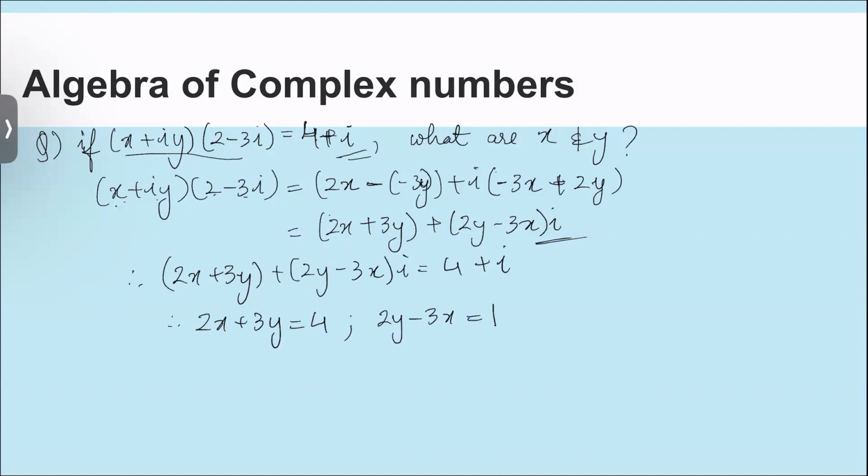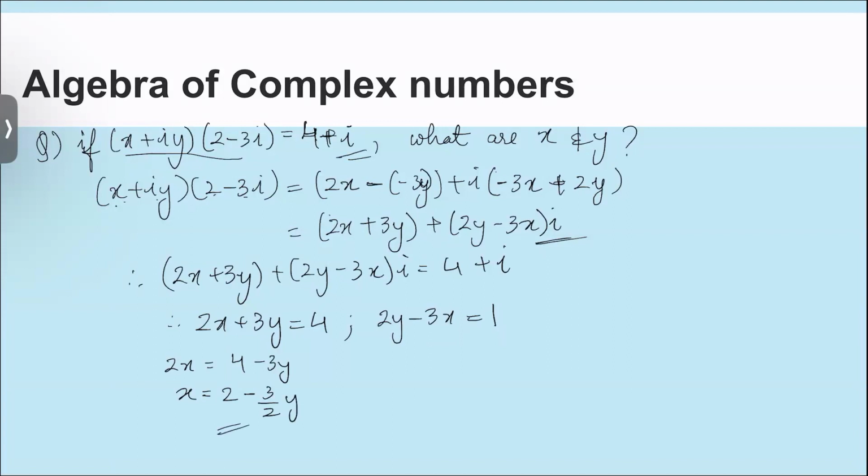So let us first try to see if we can simplify. If you have 2x equal to 4 minus 3y, so that x is equal to 2 minus 3 by 2 y.